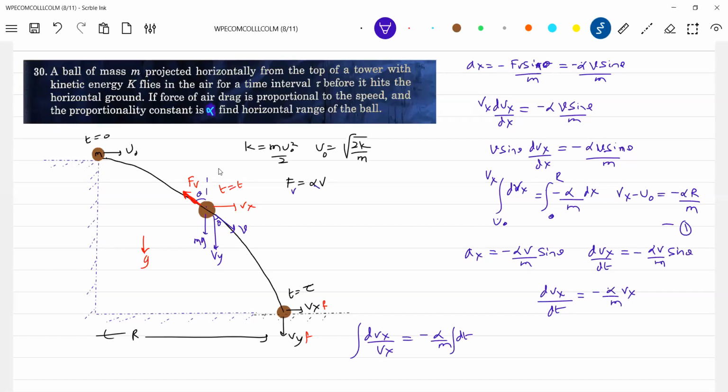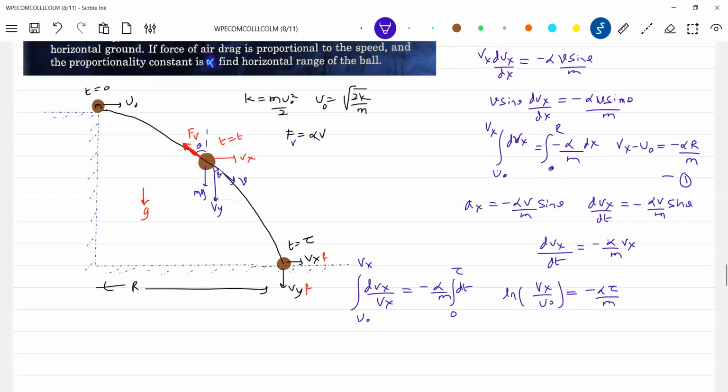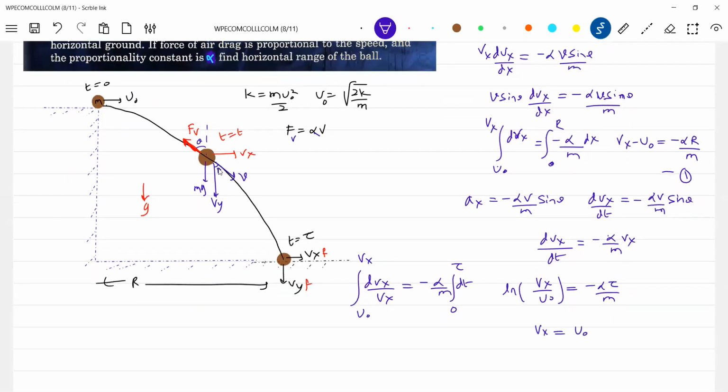The initial velocity of the particle is u naught, finally it is vx only. This is tau. So this will become log of vx by u naught equals minus alpha tau by m, or vx equals u naught e to the power of minus alpha tau by m.